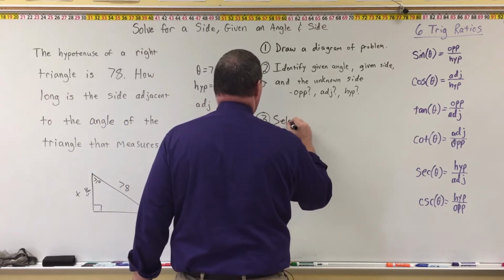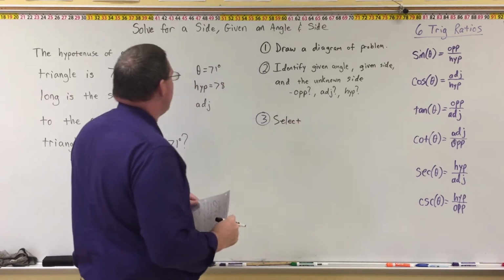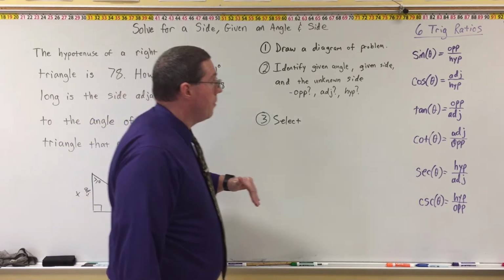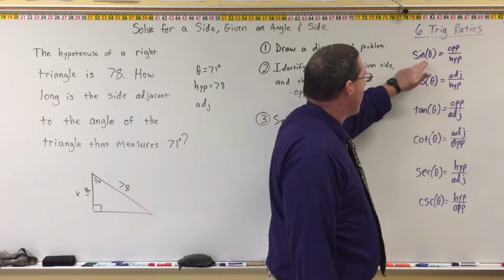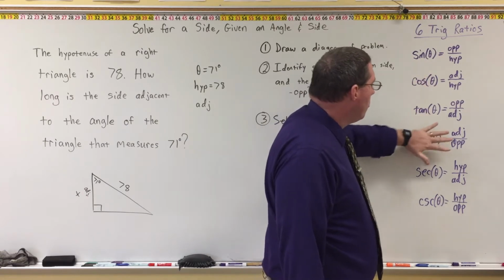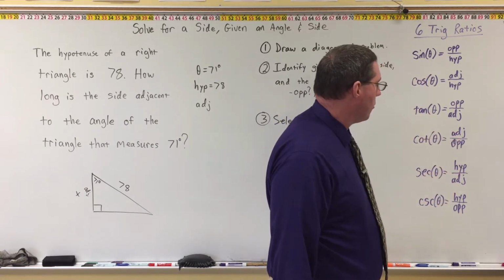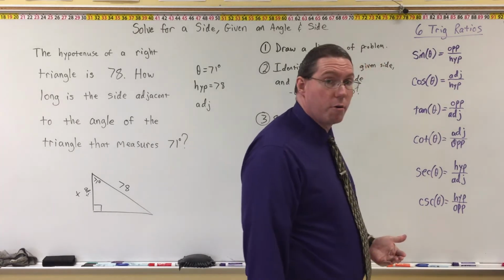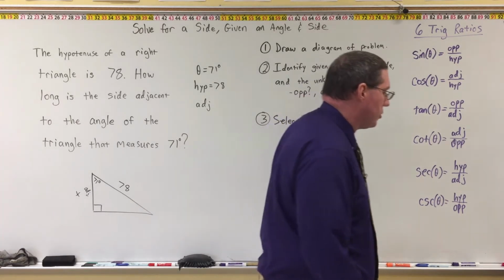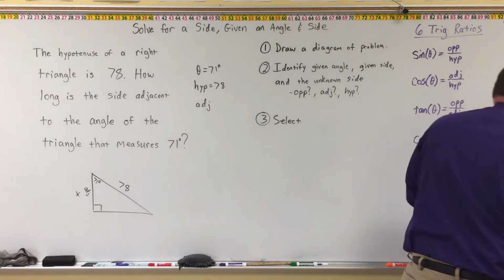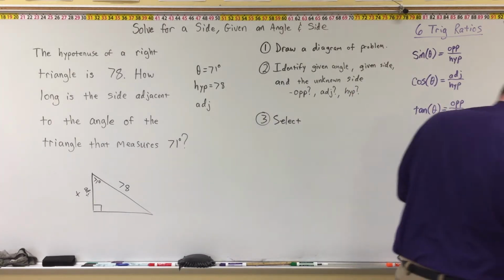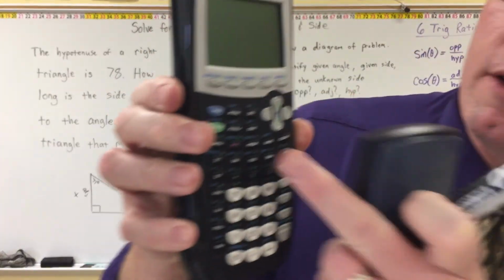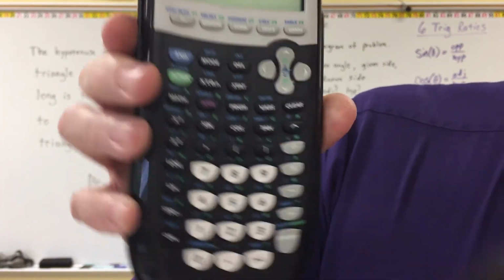Here's the interesting thing. Any one of the combinations of hypotenuse, adjacent, or opposite will be covered by sine, cosine, and tangent. We really don't have to use cotangent, secant, or cosecant. Can we use them? Yes, but we're going to use a calculator, and most calculators only have buttons for sine, cosine, and tangent.